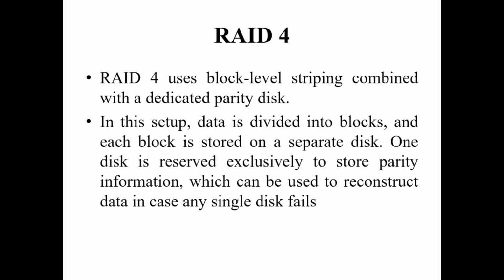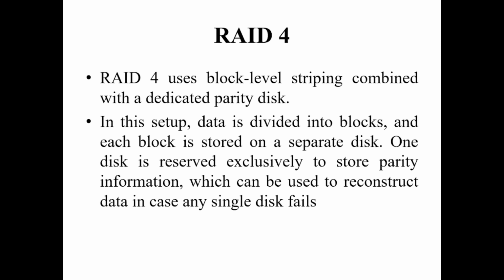Okay, and next we are going to see about RAID 4, which stores the data in blocks, like large chunks, across multiple disks, and uses one separate disk to store parity, which is backup information. It uses block level striping, whereas RAID 3 is byte level striping, and it has one dedicated parity disk. It provides the same safety and decent performance.